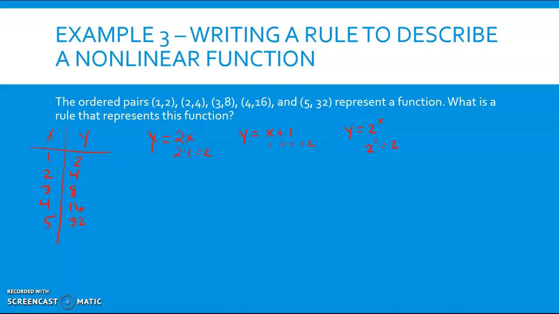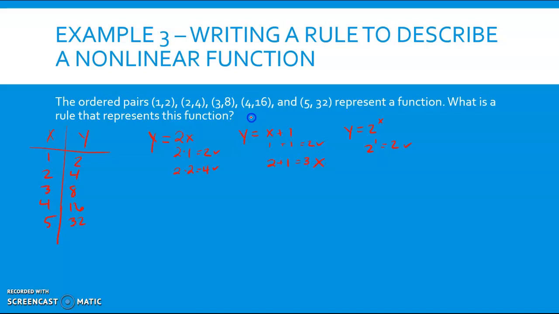So now I need to just figure out which of these works for every single one. And so then I'm going to plug in 2. If I do 2 times 2, I get 4. So far that one works, right? If I do 2 plus 1, I get 3.